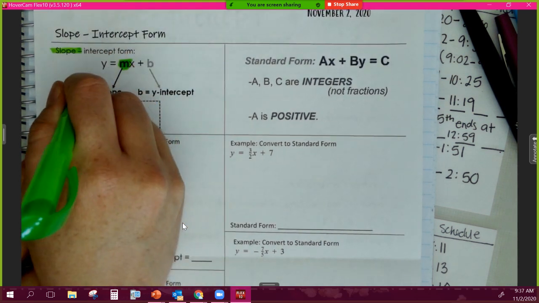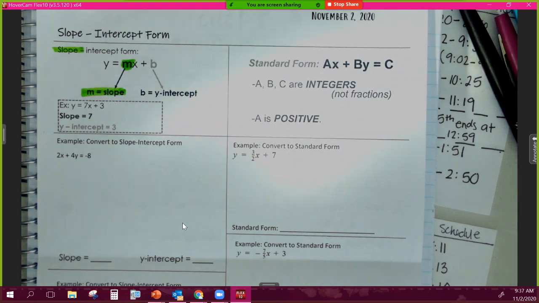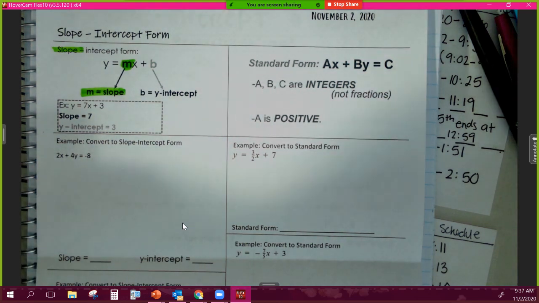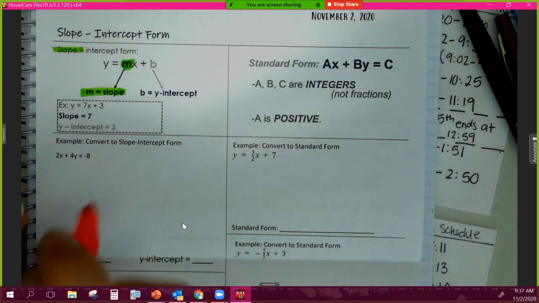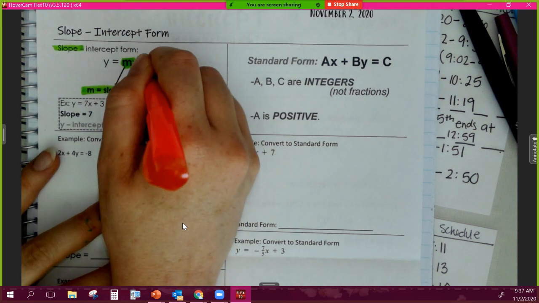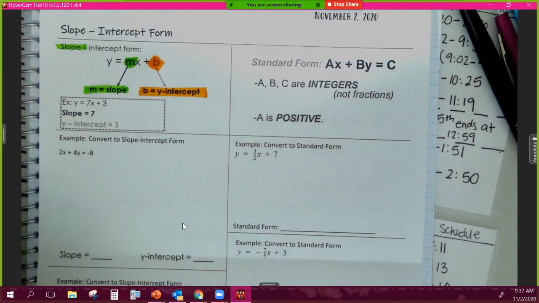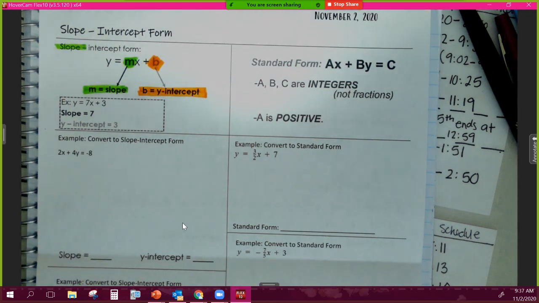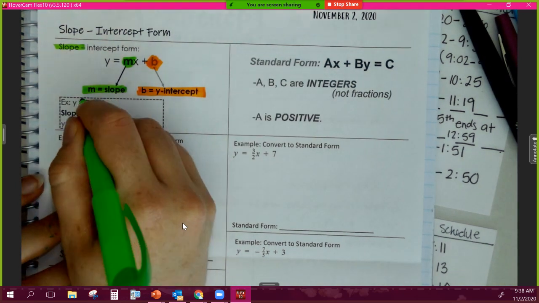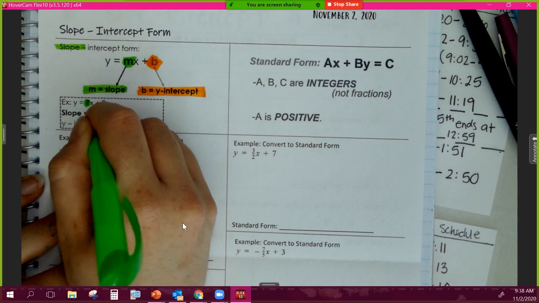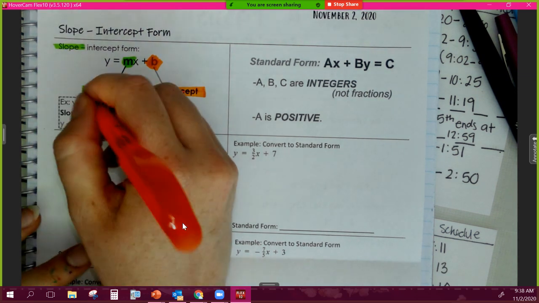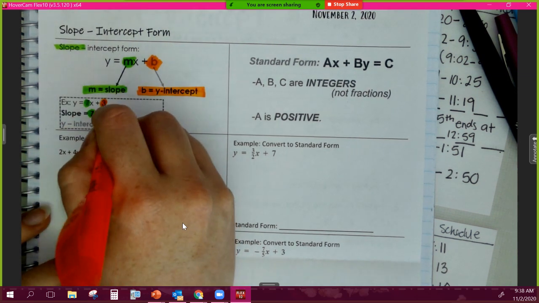The coefficient in front of x, your m, represents your slope when you're in slope-intercept form. And whatever you're adding or subtracting to the equation, the constant, that's your b, which represents your y-intercept. So if I have y equals 7x plus 3, my slope is 7, and my y-intercept is 3.